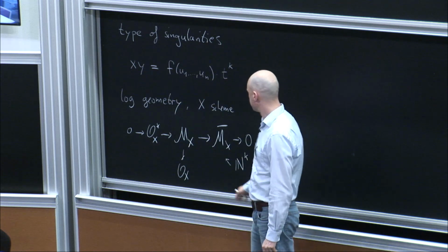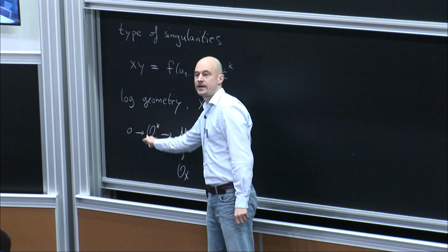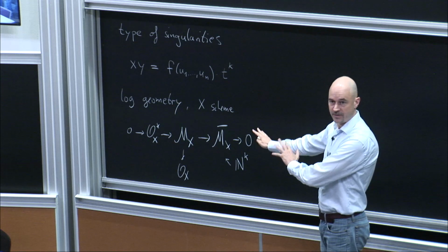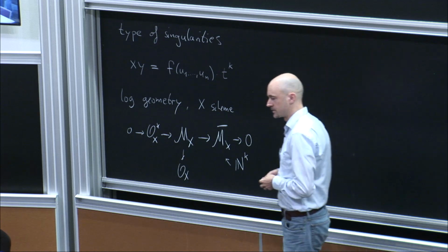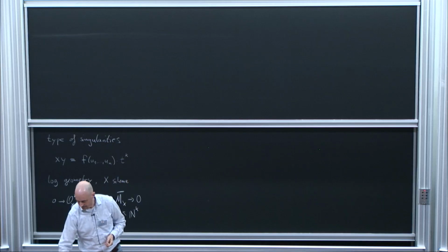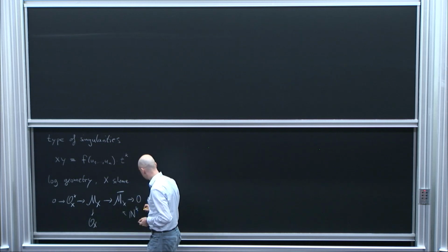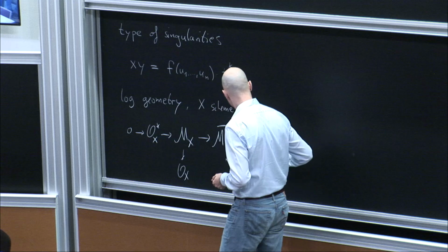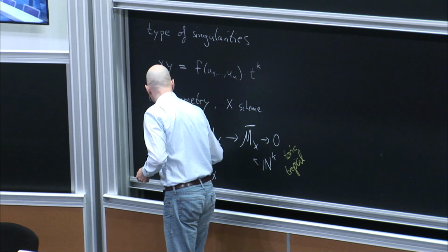And the map has the property that if you look at the inverse image of the invertibles here, they identify with the invertibles over here. So that's a very quick introduction to log structures. But the point I'm trying to make with illustrating this is that you can think of log geometry as an extension of, you can say, toric geometry, or some people also call it tropical. And over here, we're in the realm of algebraic geometry.